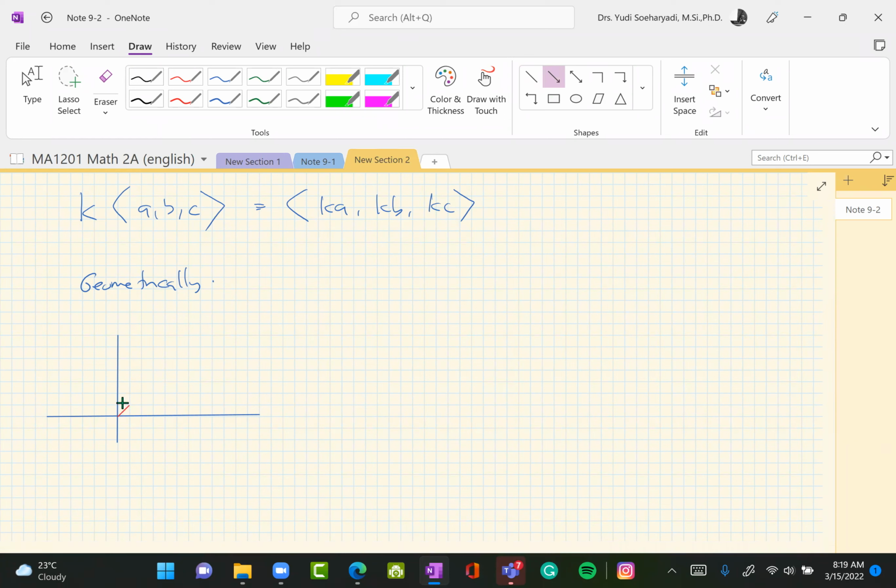Take vector, so this is <A, B>. Well, I'll go back and forth between a plane or space, doesn't matter. And we have this other one.